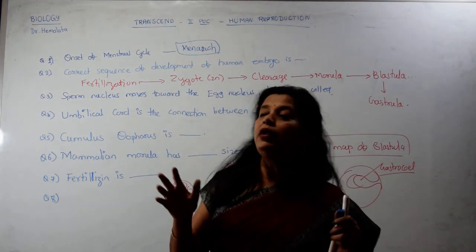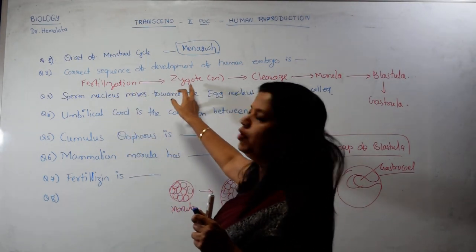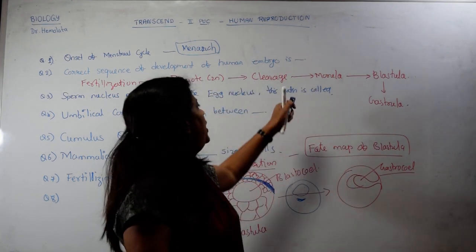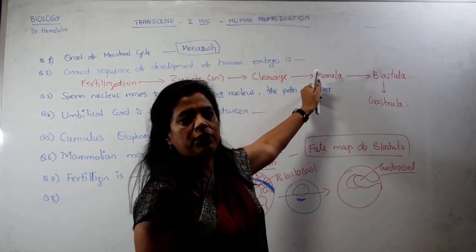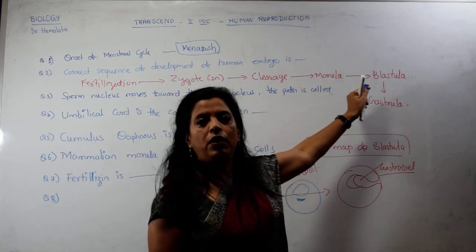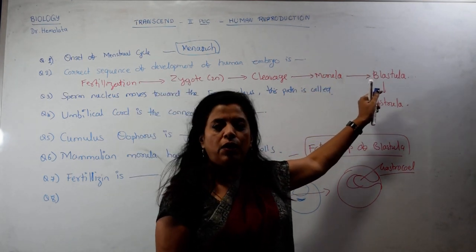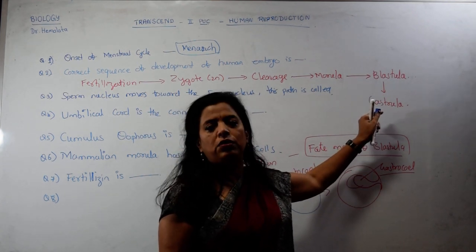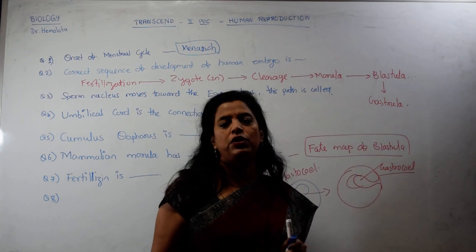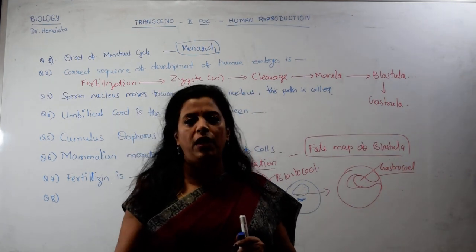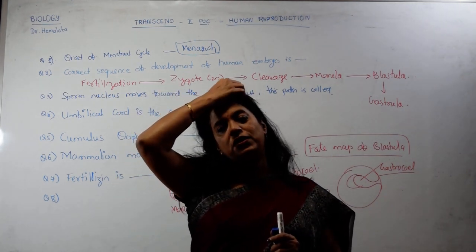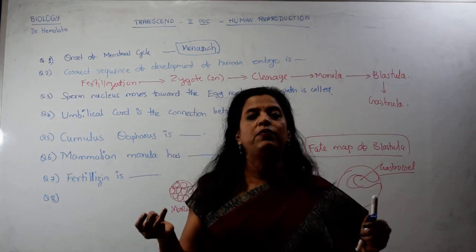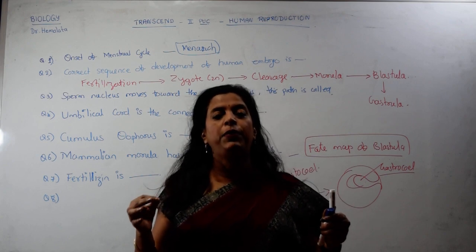Therefore, the correct sequence is: fertilization, forming a zygote; the zygote undergoes cleavage, multiple mitotic divisions; then cleavage leads to the formation of a solid ball of cells called the morula; the morula leads to the formation of the blastula with the central cavity, the blastocele; then the blastocele will reduce. In the next stage there is gastrulation, and as I explained in the last class, during gastrulation there are morphogenetic movements of cells like invagination, involution, and epiboly, right?